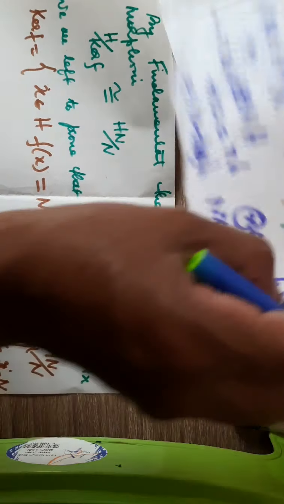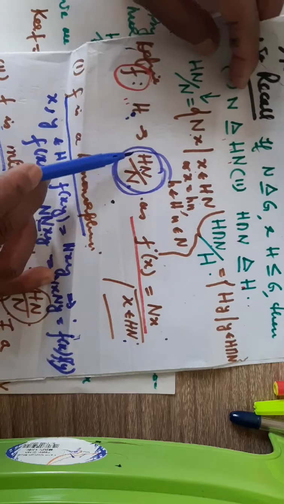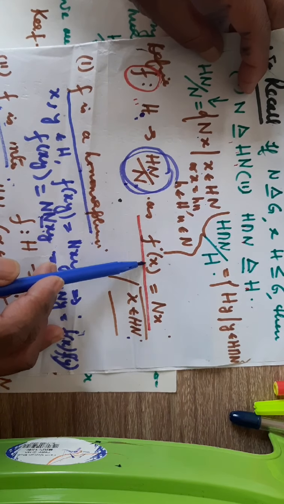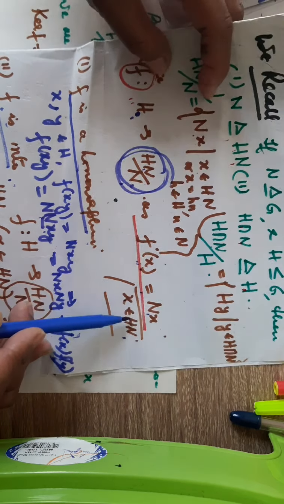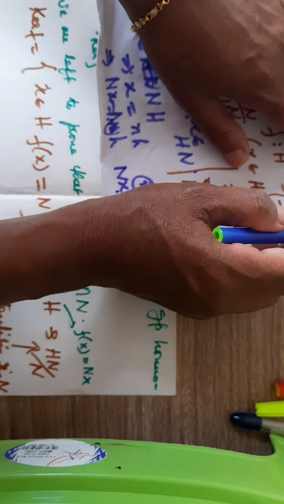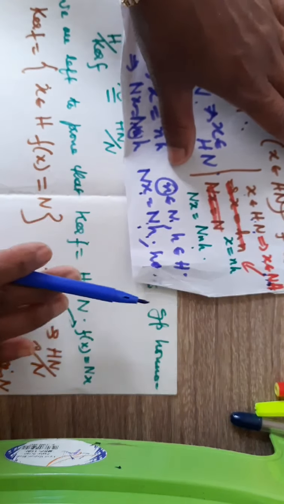But what is the mapping f defined from H to HN/N by n? It is defined as f(x) = Nx, where x belongs to H, which means that x also belongs to HN.